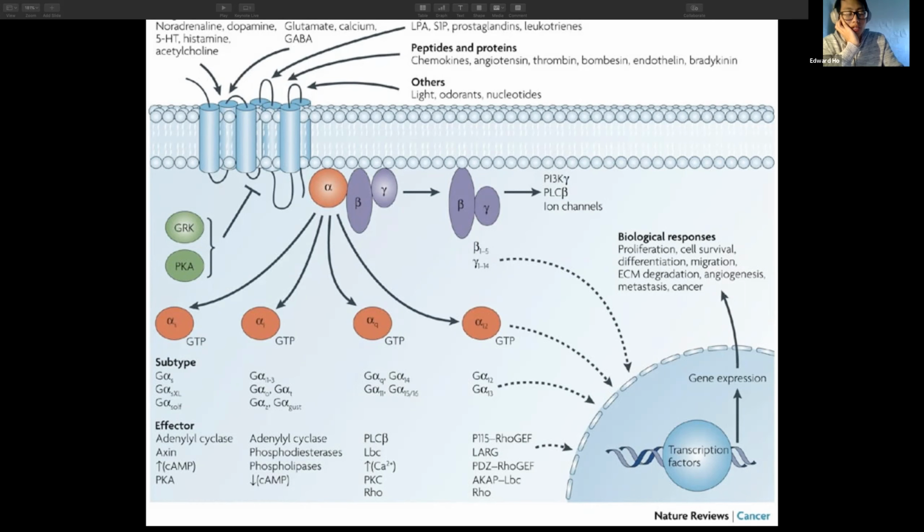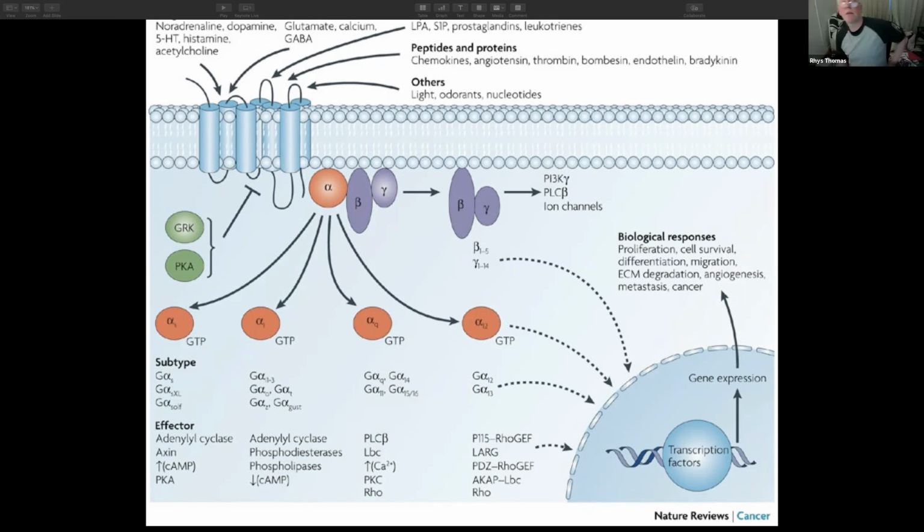The beta and gamma stay together as a dimer and have their own separate effects elsewhere along the cell membrane. The GDP then undergoes dephosphorylation and becomes GDP and the phosphate, and that leads to all the second messenger stuff that Annabelle describes.